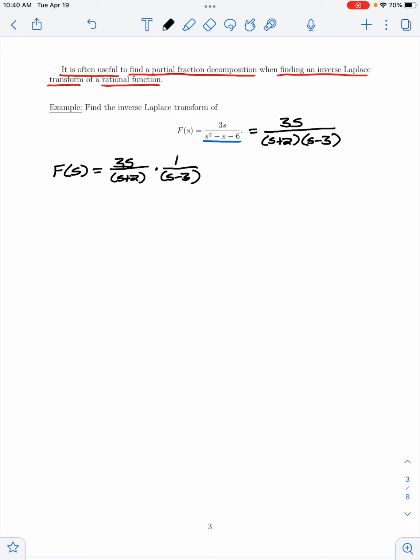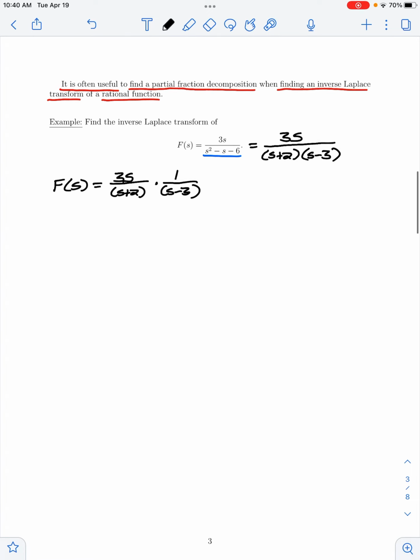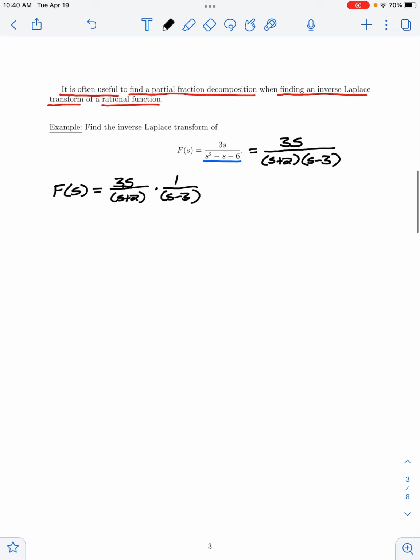And so I might be tempted to take the inverse transform of each piece and then multiply those inverse transforms. However, that is not valid. The Laplace transform and inverse transforms are linear. So a transform or inverse transform of a sum or difference of terms is just the sum or difference of the transform or inverse transform.